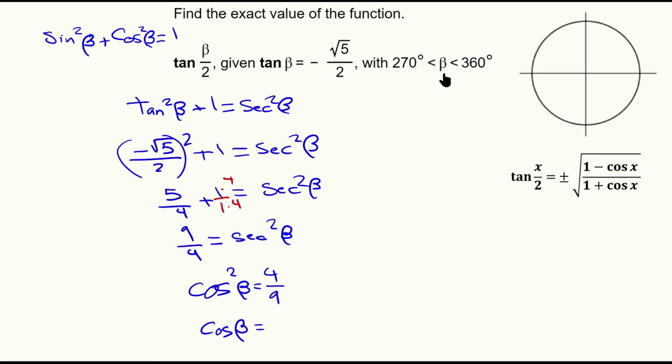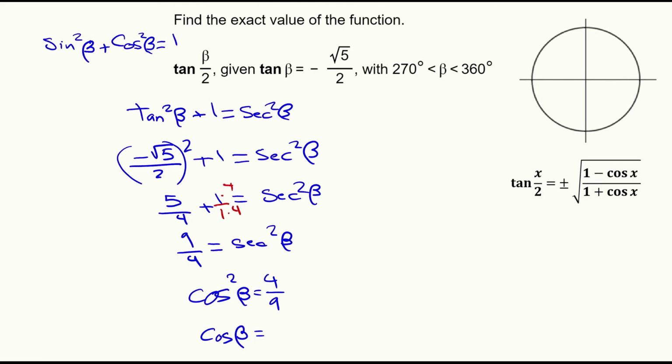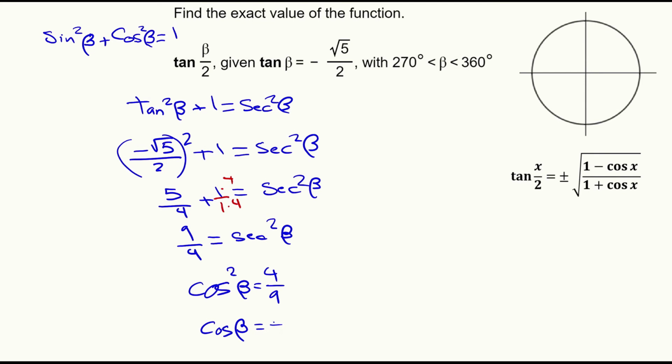We're told that beta lives between 270 and 360, which is another way of saying beta terminates in quadrant 4, and in quadrant 4 cosine is positive because it's the x value. So cosine of beta equals the positive square root of 4 over 9, so we get 2/3 for the cosine of beta.